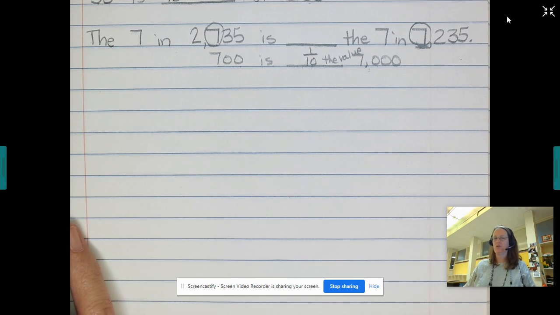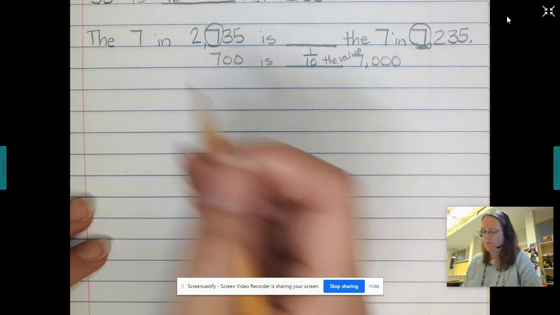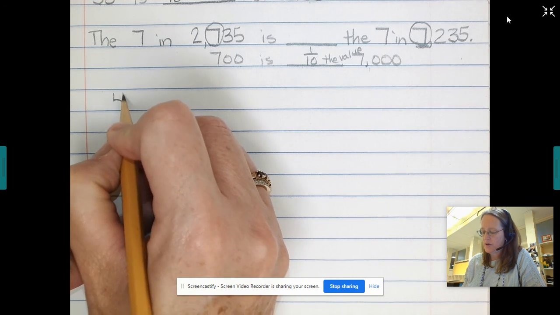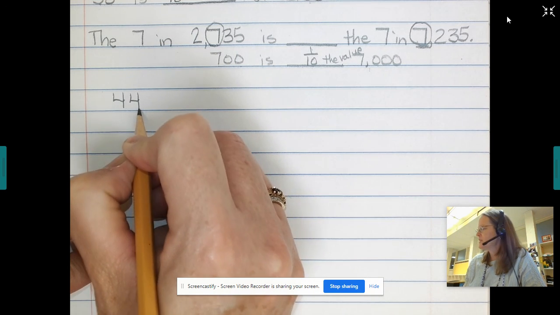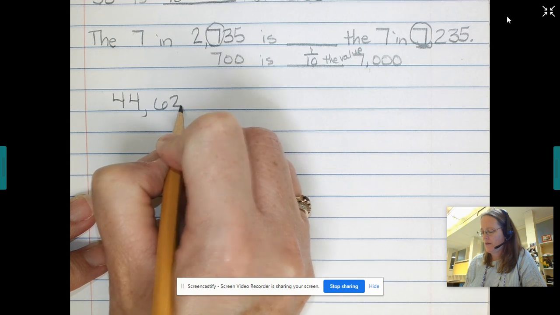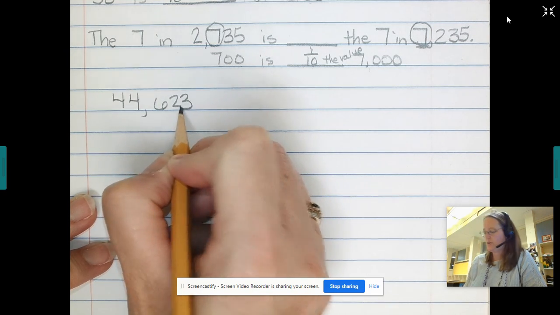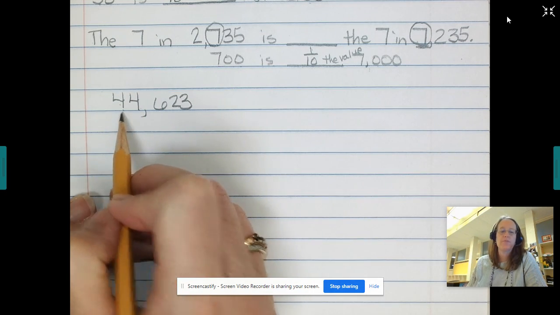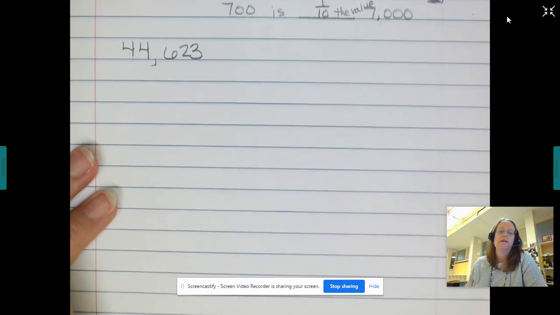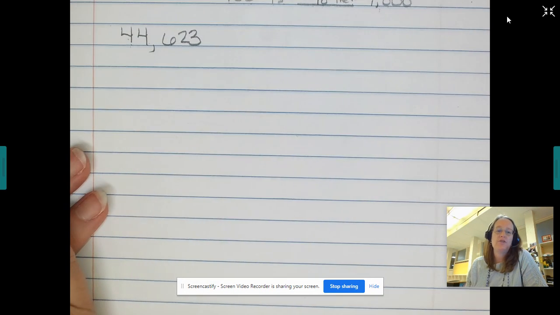I feel like we need to do one more. We'll do one more. We're going to do it just a little bit differently. Let's explain the relationship between these two 4s. The value of the two 4s.